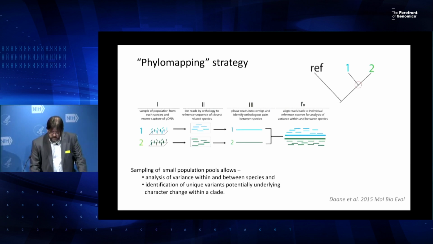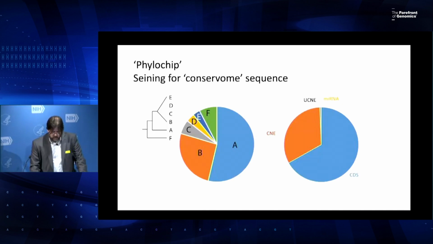And so this is detailed in a 2015 paper from my group. Key to this is the idea of a phylochip. Instead of using just a single reference array that we were using, we actually made a conserved array, conservome, based on the phylogenetic principles of that particular clade. So in this case, we used mostly the sequence we get from lineage A, but we combine sequences that are similar, but up to differences of about 15%.